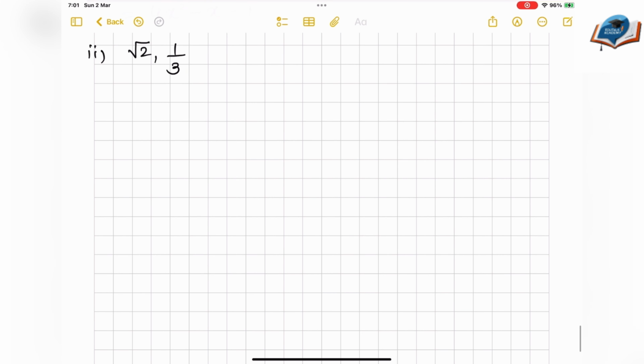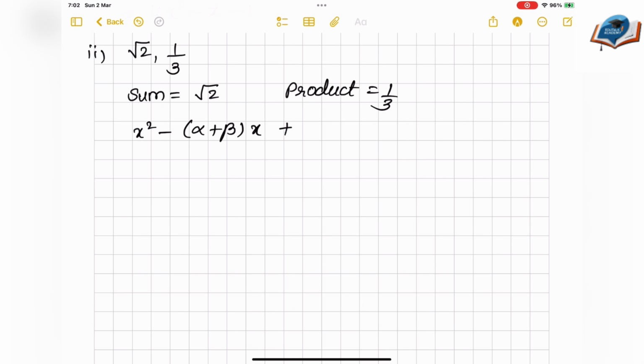So here, if you see carefully, sum is root 2 and product is 1 by 3. So equation will be x square minus alpha plus beta, that is sum, plus product, that is alpha beta. So x square minus root 2x plus 1 by 3. So this equation I can write 3x square minus 3 root 2x plus 1.